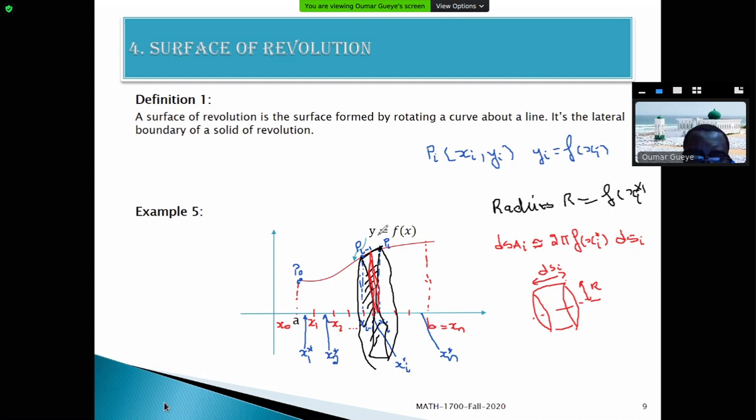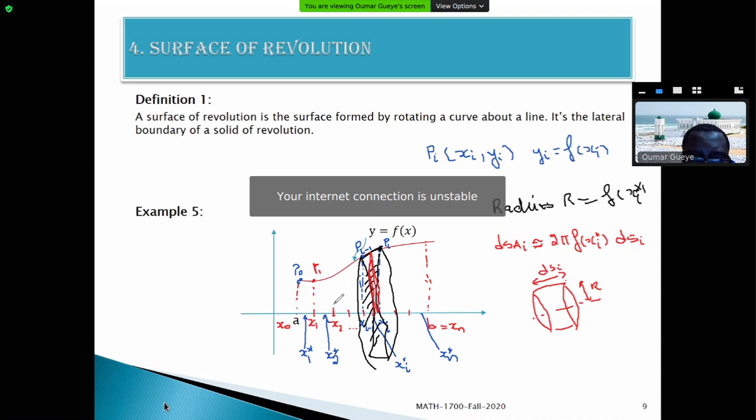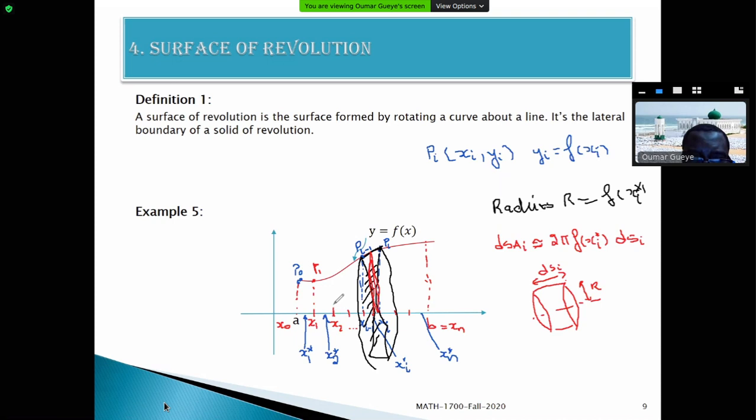The portion joining P0 and P1. For the portion joining P1, up to the last portion.